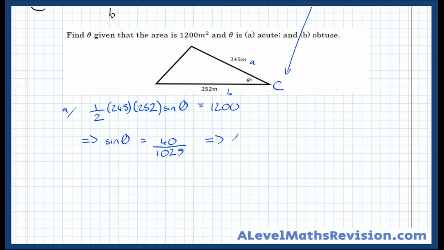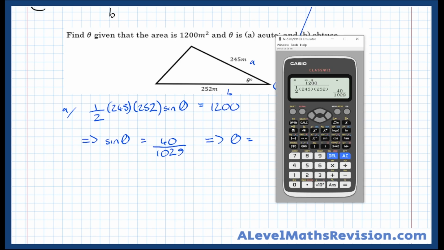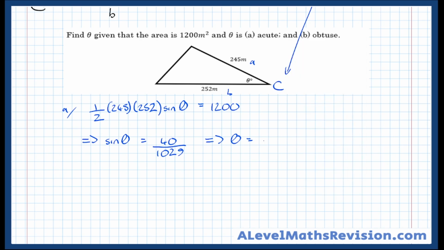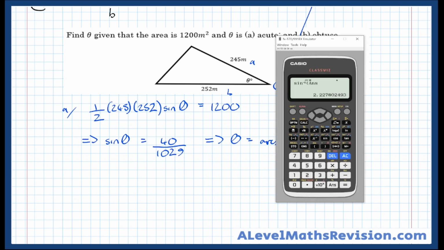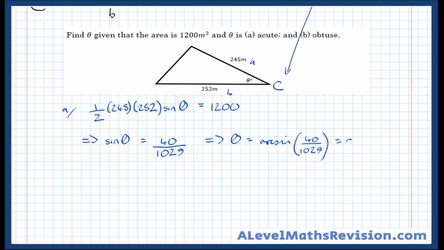So that means that theta equals, and let's inverse sine that. So theta equals arcsine of 40 over 1029, which is equal to 2.228 degrees, very small angle. And that angle indeed is acute, so that answers part (a).